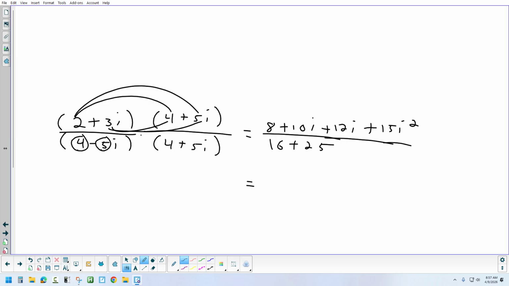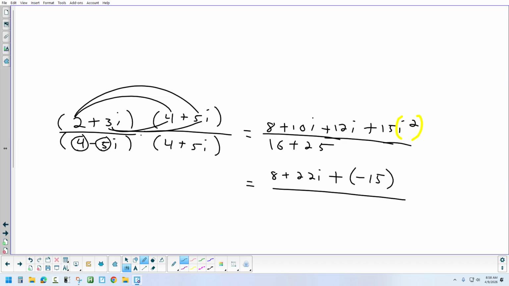All right, so now we're not done yet. We've got to combine like terms. What's 10i and 12i? 22i. And we can change the i squared to what number? So that's really a negative 1 times 15. That's going to give me a negative 15. Right, so I just multiplied 15 times i squared.